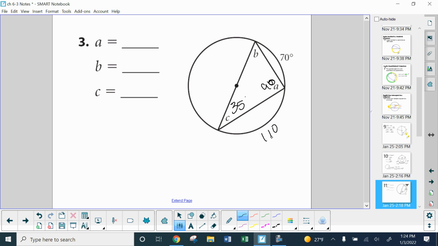Divide that by 2, you get 55. So A is 90, B is 55, and C is 35. Is that okay?